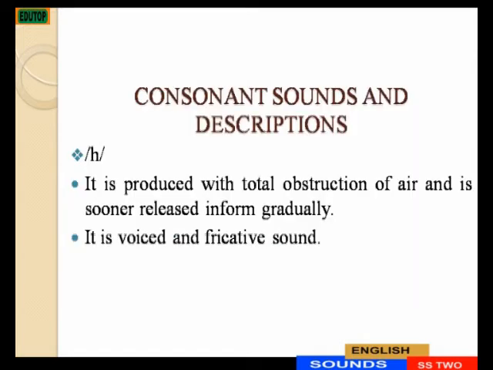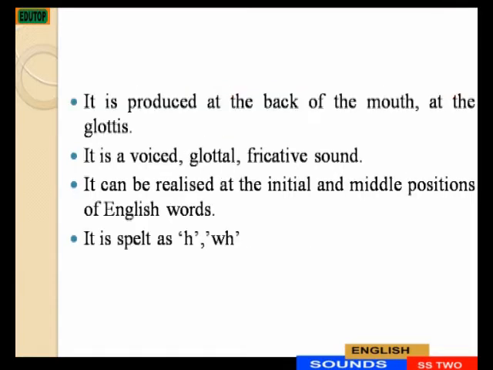Another one is h, with the H spelling. It is a sound that is produced with total obstruction of air and soon released from the vocal cord gradually. It is a voiceless fricative sound. It can be realized at the initial and middle positions of English words.